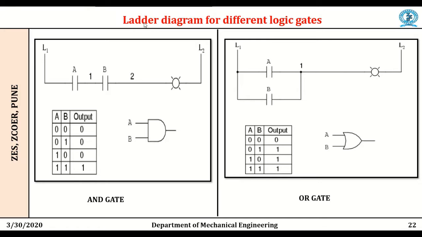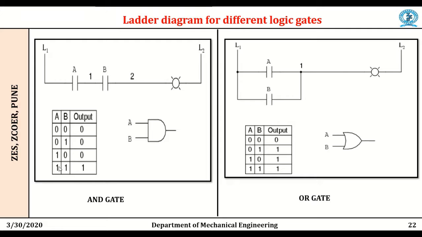The most important point is the ladder diagram for different logic gates. As we know the different logic gates, the first logic gate is the AND gate. This is the ladder diagram for the AND gate. A and B are the inputs, and this one is the output. 1 shows high, 0 shows low.